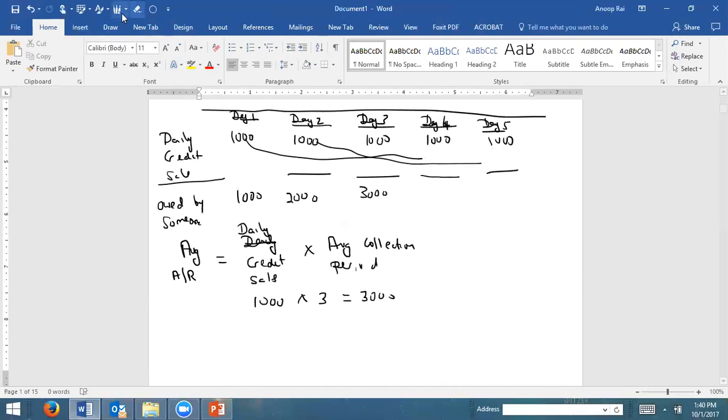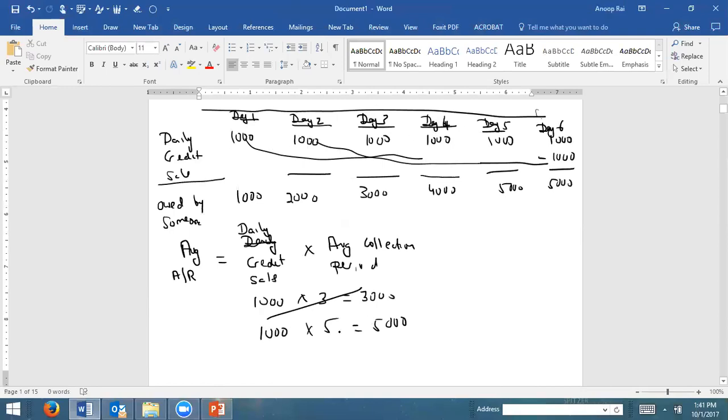Obviously now it will change because you will end up with 5,000, and then on the 6th day your payment will come in. Day 6 minus 1,000 plus 1,000, so 5,000. So in that case, it'll become 1,000 times 5 days of credit, so $5,000.